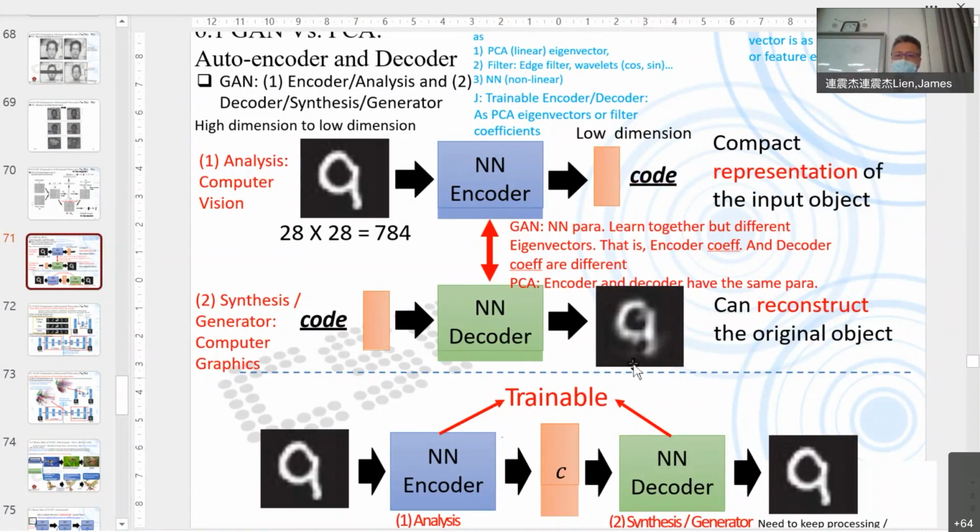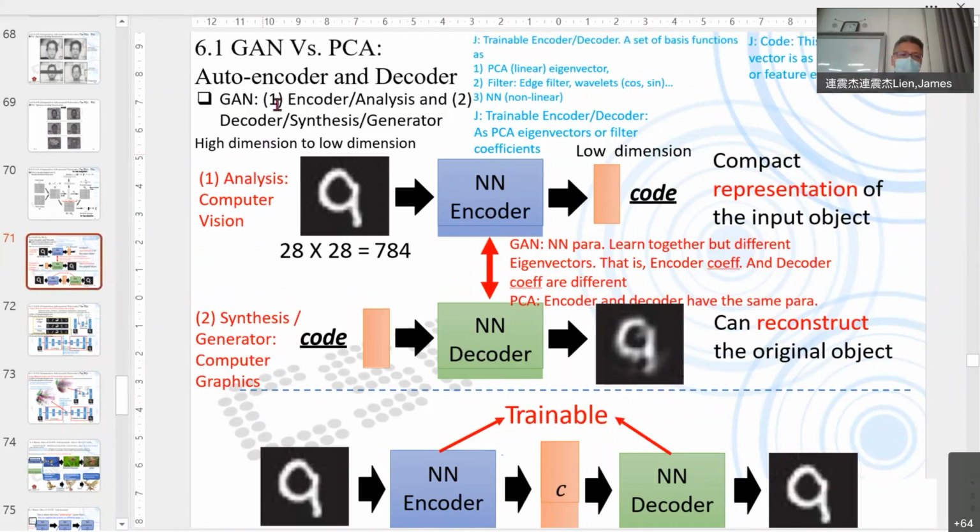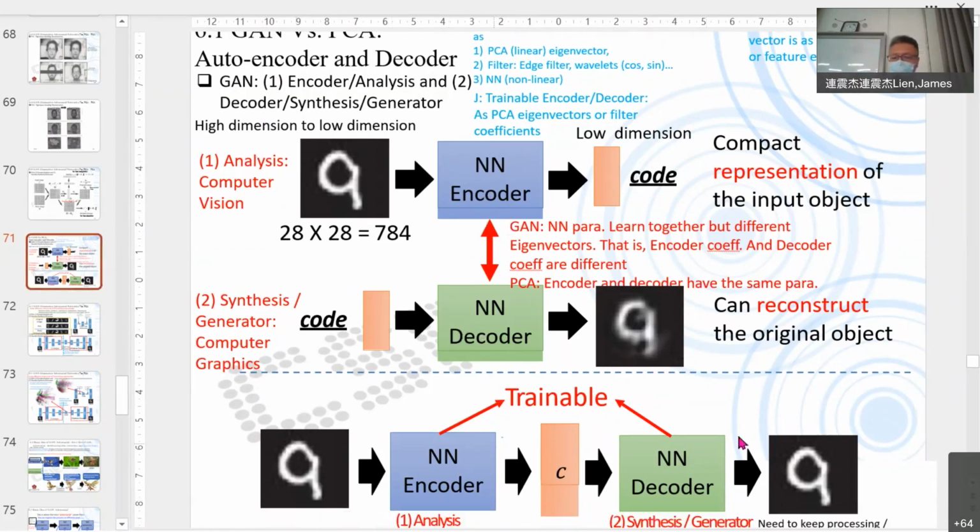But you will lose information because for PCA, the eigenvectors for the encoder and the decoder are the same. It's not good. So GAN completes all the training, so the eigenvector for the analysis and the eigenvector for the decoder synthesis are different.